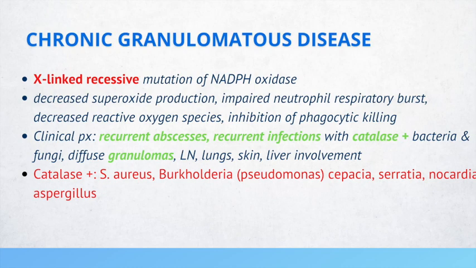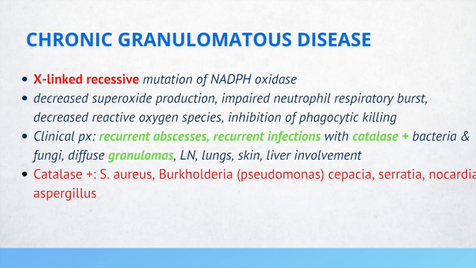This is due to an X-linked recessive mutation of NADPH oxidase. Because of this mutation, there is decreased superoxide production. This impairs the neutrophil respiratory burst, decreases reactive oxygen species, and inhibits phagocytic killing.